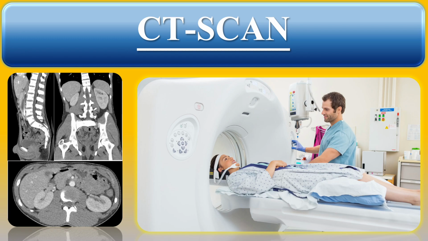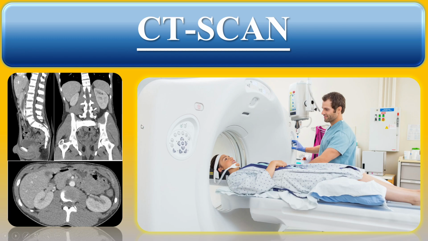A patient is made to go inside this cavity, and then a powerful X-ray machine rotates around the specific part or specific organ of the patient. In this way a 3D X-ray image of the particular organ of that patient is taken.